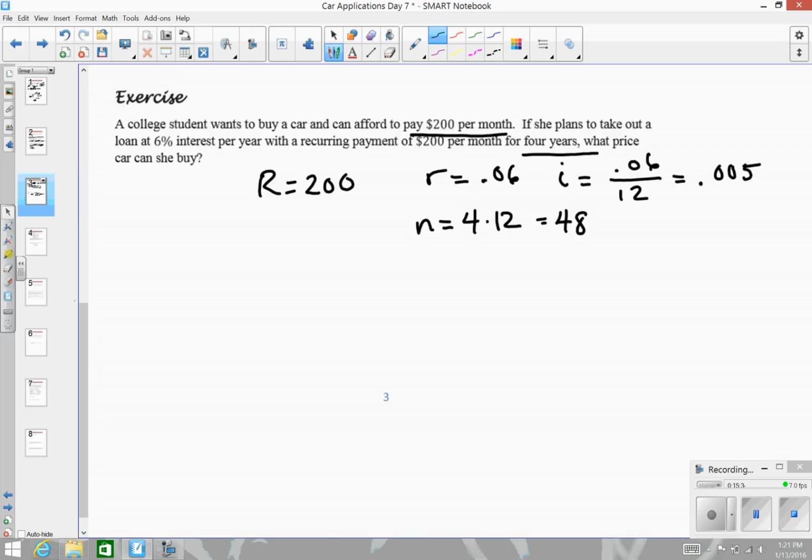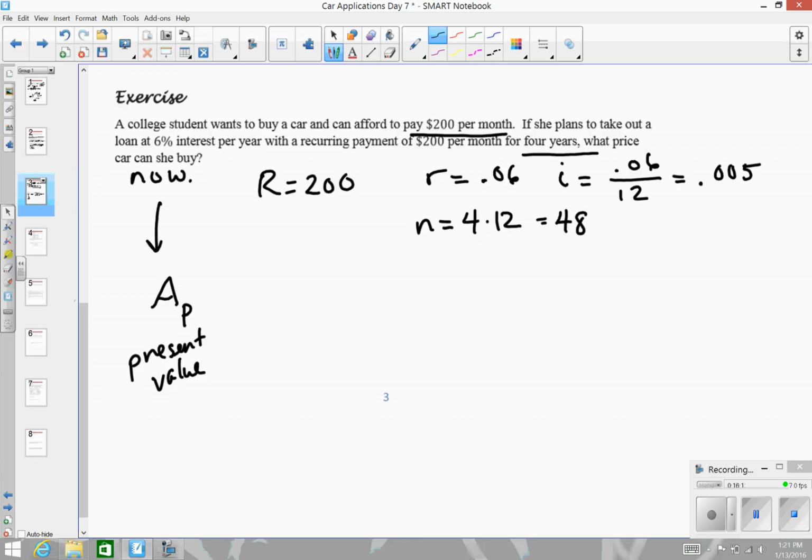So I've got another formula on the front sheet of your notes, the A present, or present value. If you're not sure which one you're using, read through the example and try to figure out if your words are telling you something about value in the future or value right now. In this case, the last question is, what price can we pay for this car? It's not written there, but basically we're buying this car now, so that means present.